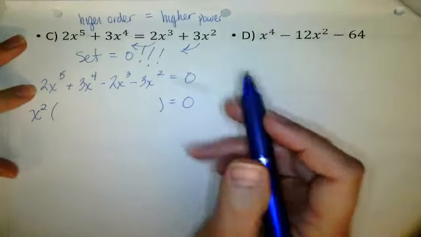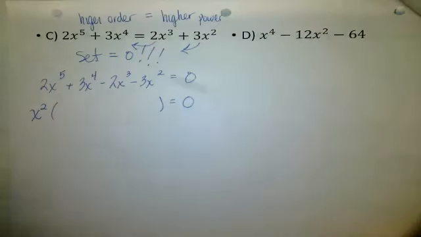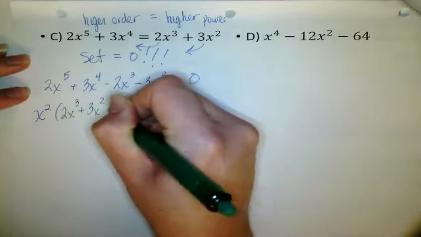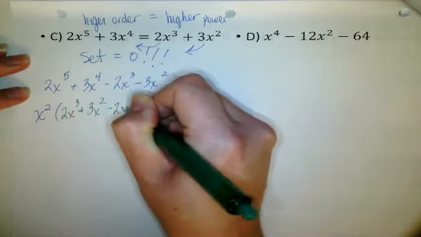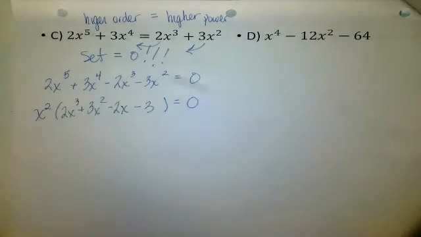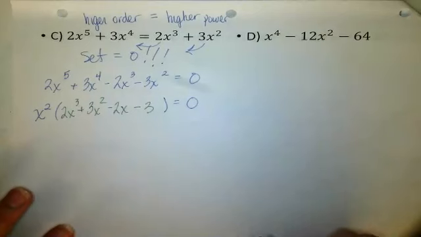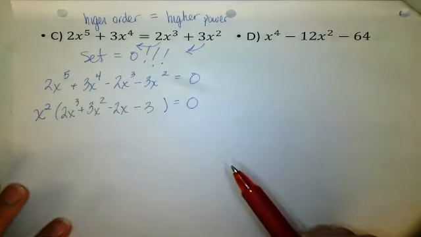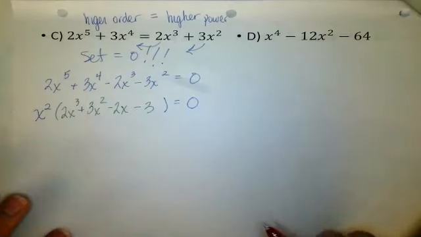If I take out the x squared, what's left behind? 2x to the 3rd plus 3x squared minus 2x minus 3. Very good. Is equal to 0. Thank you for keeping the equal 0 on there. That's really important to us math teachers. An equation starts with an equation and ends with an equation and an equation all the way in between.